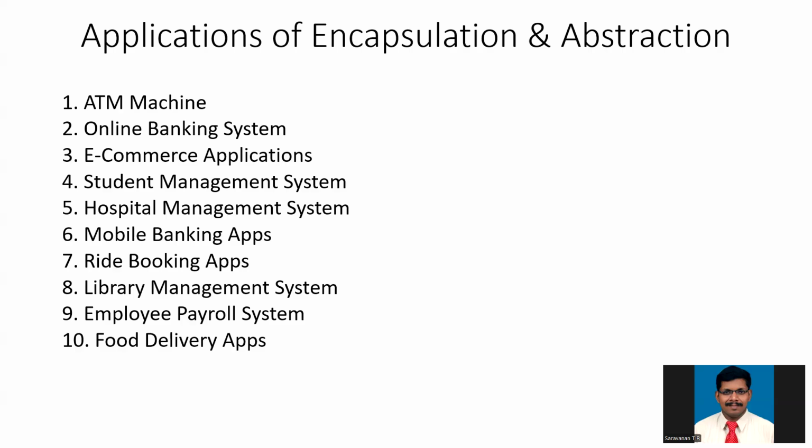Mobile banking applications: PIN, password, OTP, all informations are protected. Google Pay is available. Google Pay is going to access the bank servers, but Google Pay has no access to the profile of your customer.